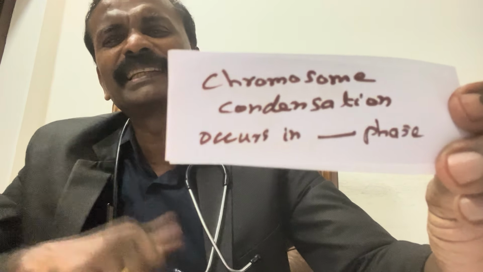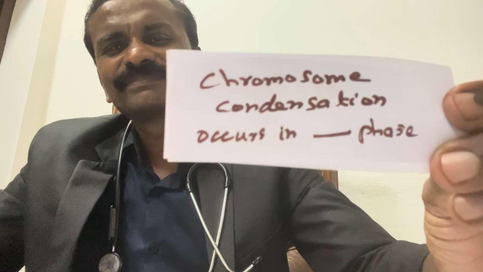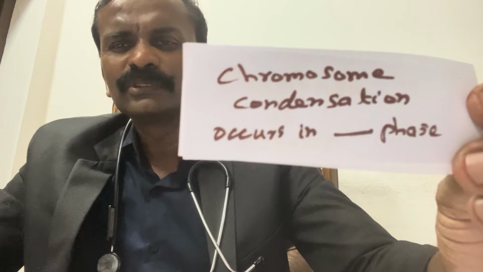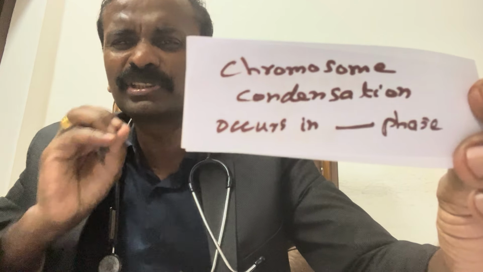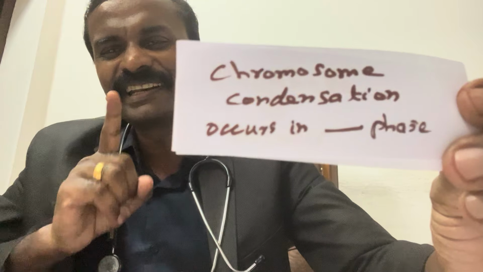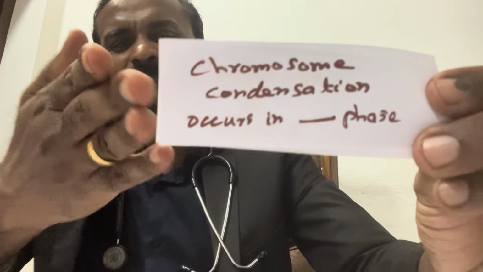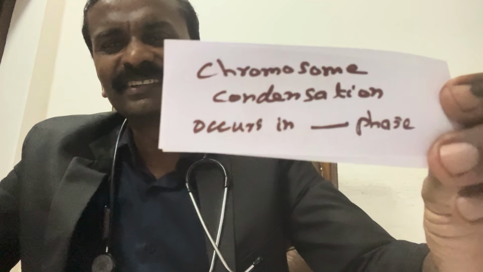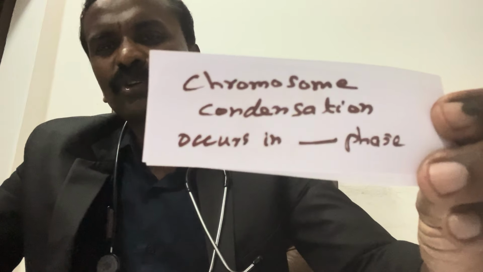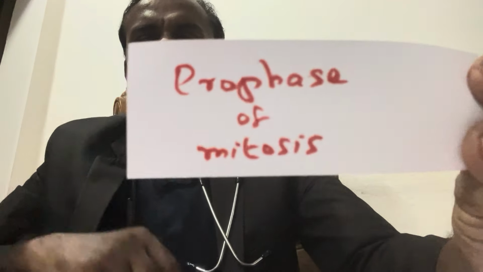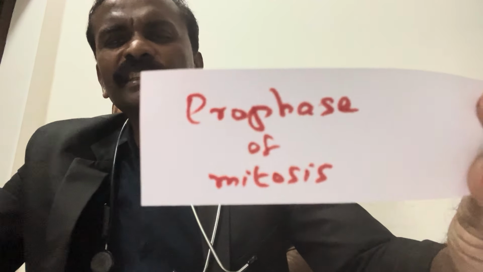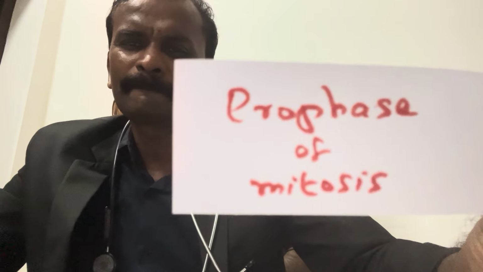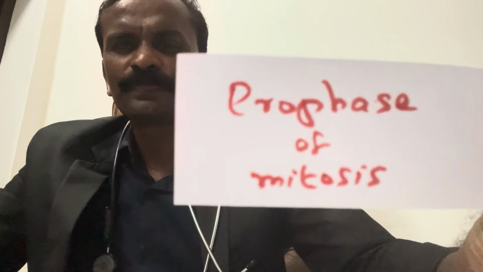Only if you don't know, open the text. 25 times revision, 10 times revision are useless. One recall is a powerful thing. Tell me the answer. You studied, no? Chromosomal condensation occurs in prophase of mitosis.